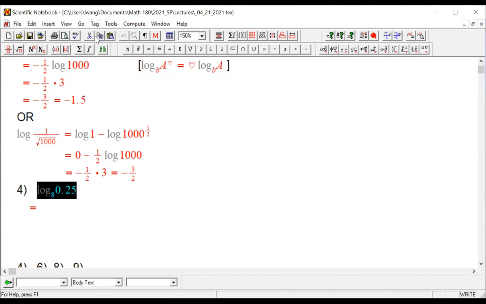If I were you, I would transform this to a fraction. That's a quarter. Not the only way to do it. I'm going to apply the quotient rule.